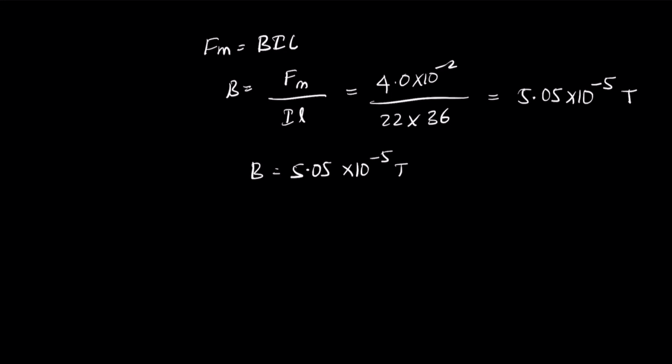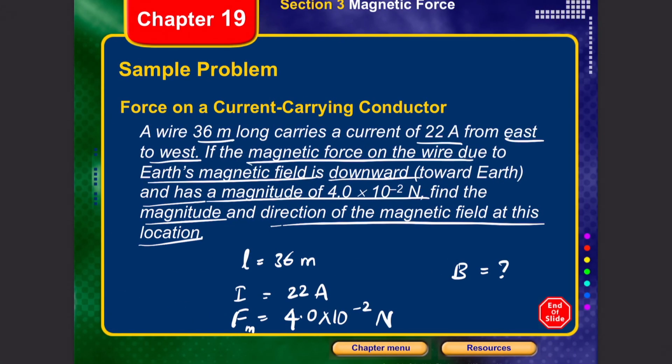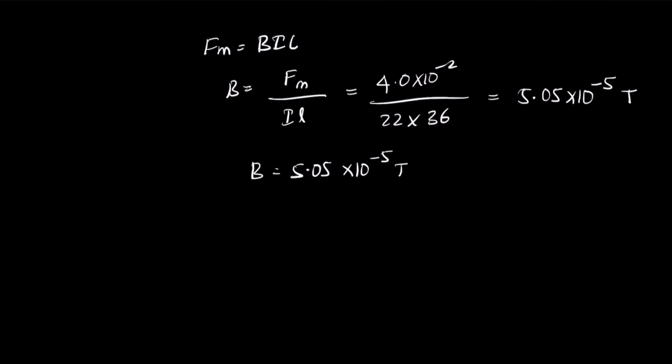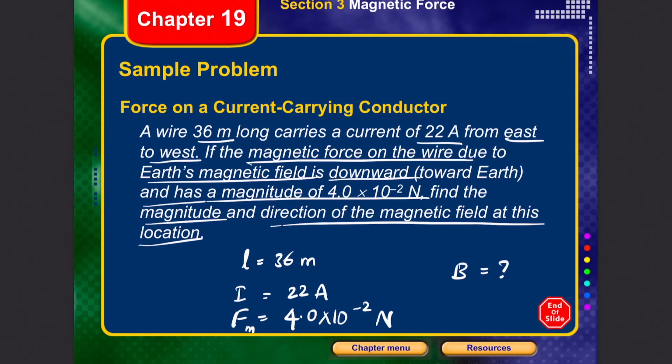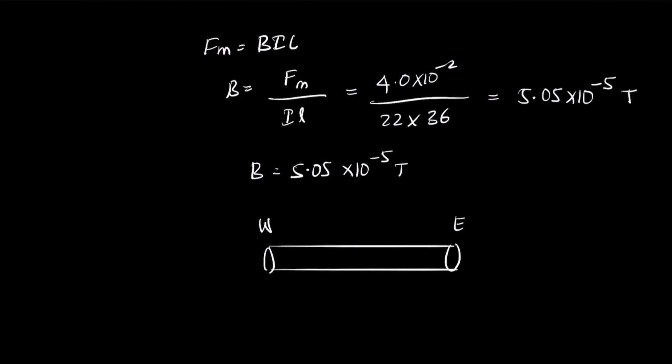Now this is the wire. The wire is conducting current from east to west, which means that we have a current carrying wire in this direction here. So this is east and this is west. It's going from east to west, which means the current flowing is in this direction.